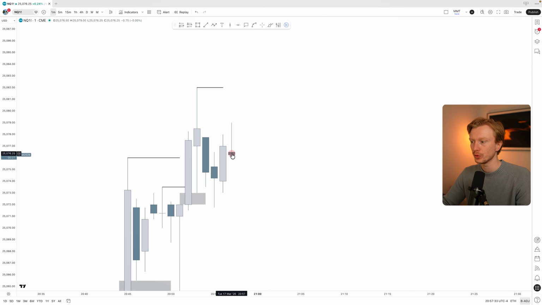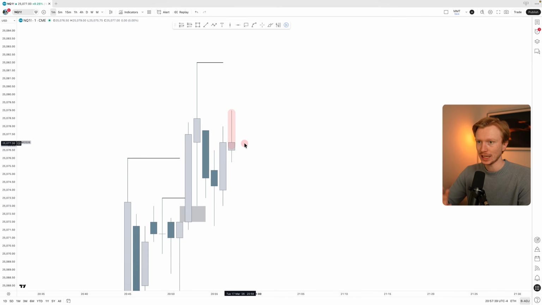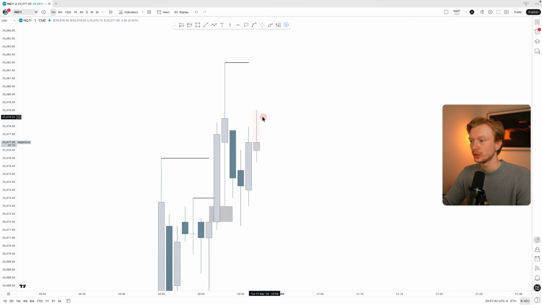So currently I want to see price continuing higher. If we now create a long wick right there, then for me, that's not good, of course. So look out for details that go against you, because oftentimes you can get caught up in, yeah, but this candle was very good. Yeah, but this candle tells you it's not that good anymore, at least in the very short term.